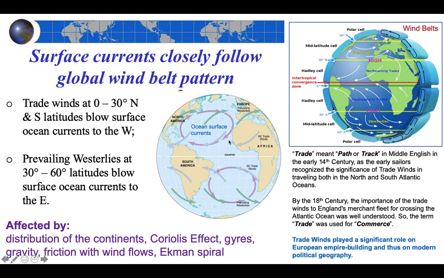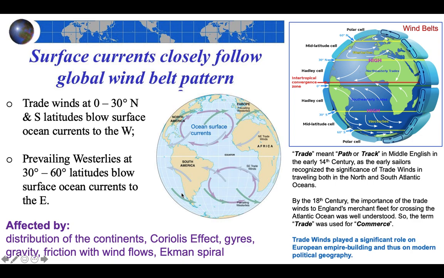But the surface currents are affected by some other forces, not just the wind patterns. Distribution of the continents strongly affects how these ocean currents and their gyre system operate, because they could be strong barriers in front of these current systems.